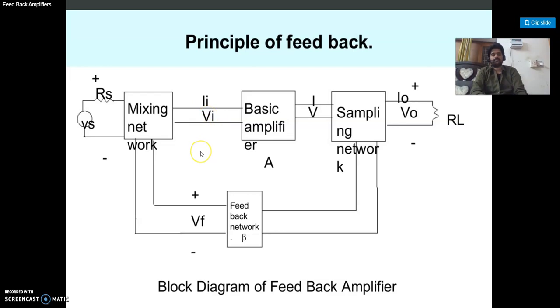So these are the four basic elements: basic amplifier, feedback network, sampling network, and mixing network. The sampling network is nothing but the extraction part of the output quantity. The mixing network is nothing but a summer network, similar to an adder or subtractor element, so that you have a mixing of the general input and the output from the feedback.